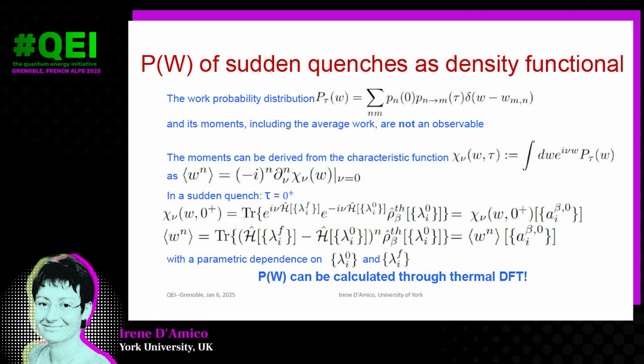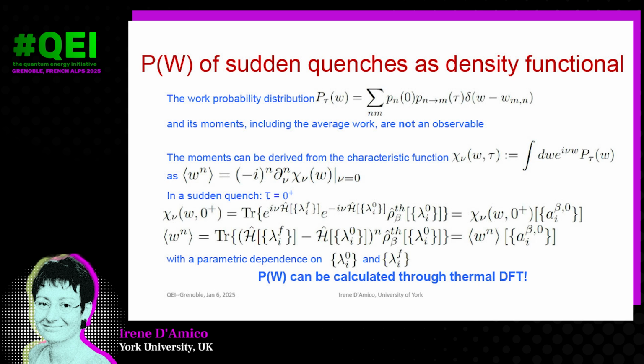Because it's a thermal average and this object is a functional of my initial local densities, my characteristic function, even if it's not an observable, is a functional of my local densities.